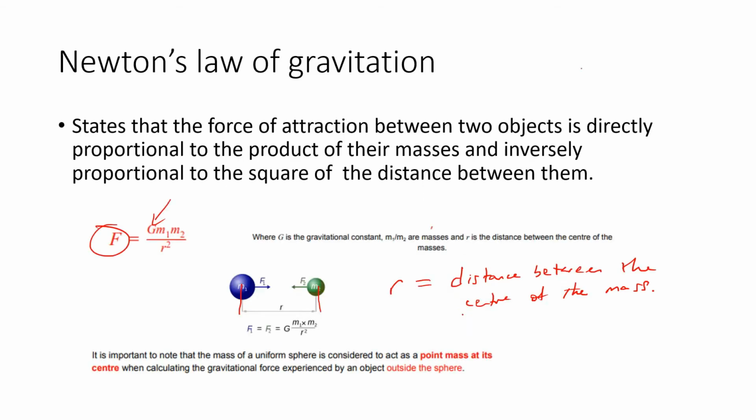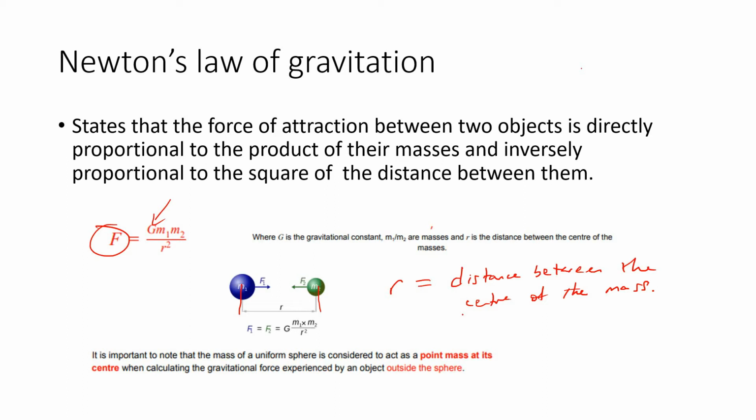So let's begin. Now, Newton came up with a law which we refer to as the law of gravitation, right? While Newton was doing some work, he was able to realize that if you have two objects that have some type of mass, then what you would observe is that there will be a force of attraction between the masses.